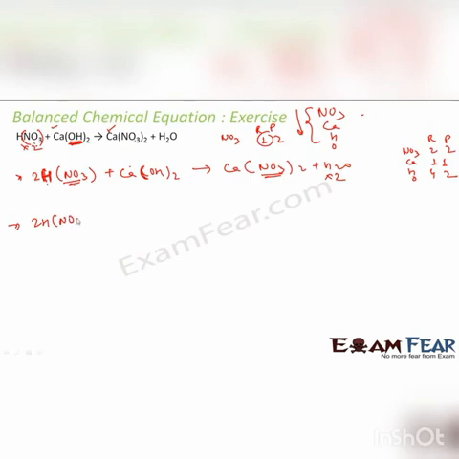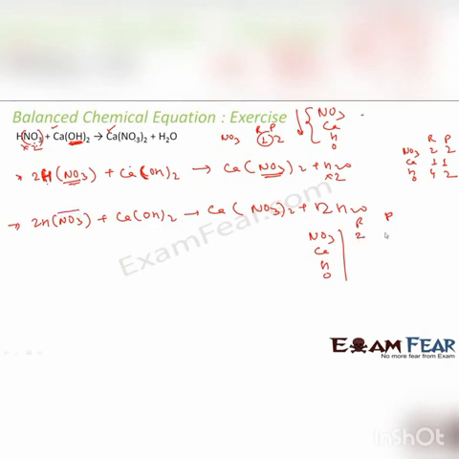So what you get is 2HNO3 plus Ca(OH)2 gives Ca(NO3)2 plus 2H2O. Now let's check if it is balanced or not. We have NO3, Ca, H, O. In the reactant, NO3 is 2, and in the product we have NO3 2.